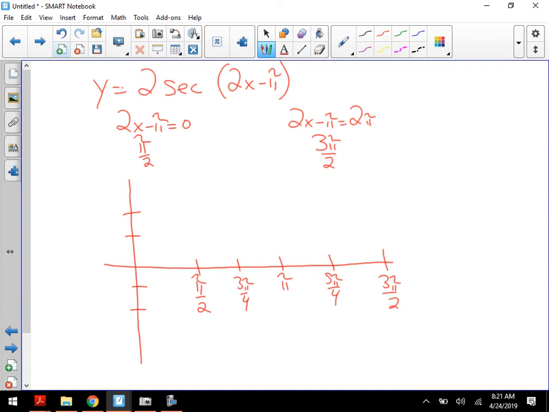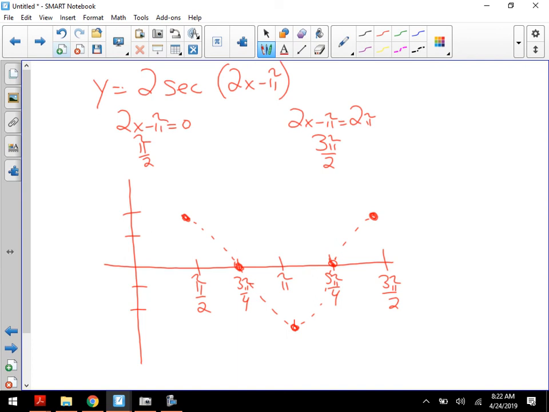Cosine, does it start at 0 or start at its a value? In this case, a value is 2. My ordered pairs, this is what I would write here.